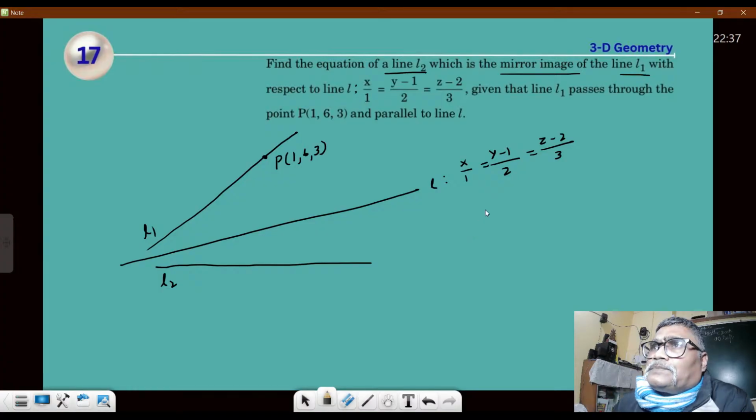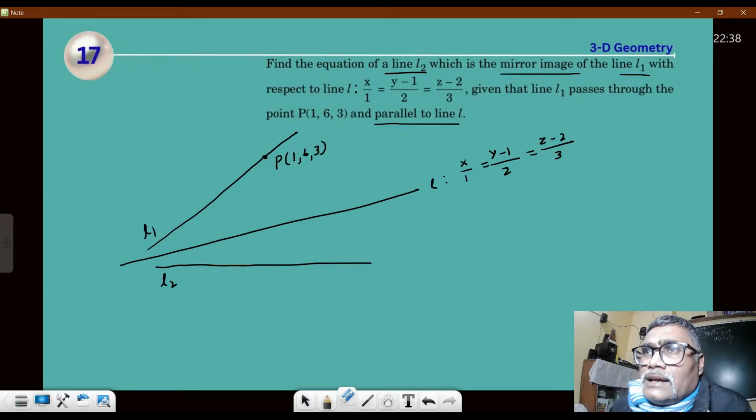So, find the equation of line L2, which is the mirror image of the line L1 with respect to this line, given that L1 passes through the point on this and is parallel to L. Oh, this part I missed out, and because of that I have drawn the wrong figure, right?